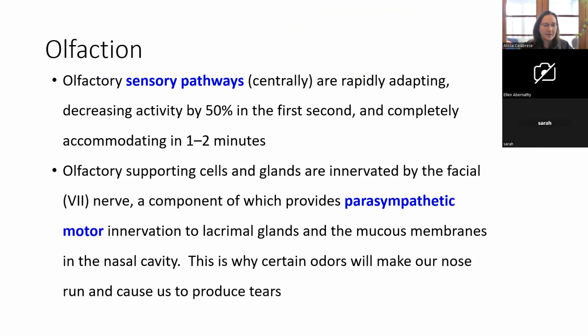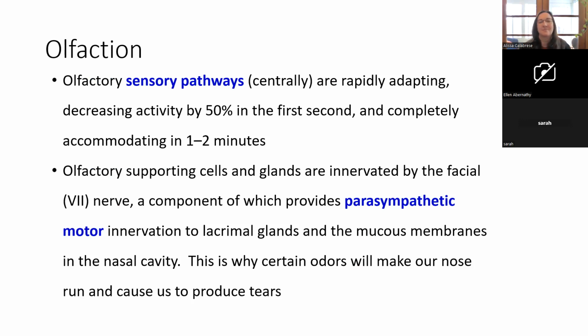Olfaction is full of really rapidly adapting neurons. And that means that since you have the ability to smell so many different things, after a while, your brain just turns off that sense of smell. This is why, in the Febreze commercials, they say nose blind.